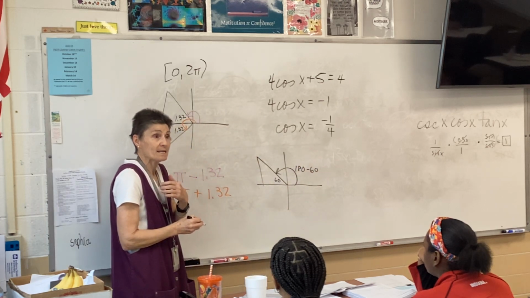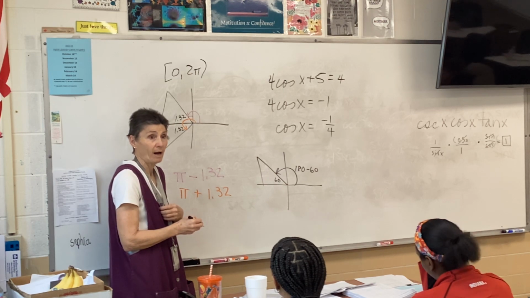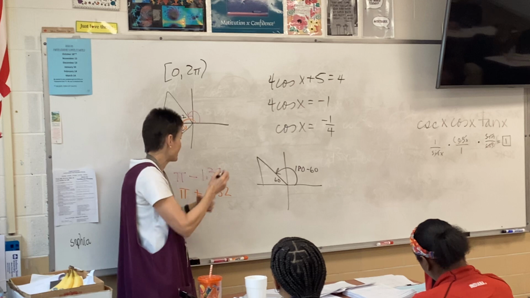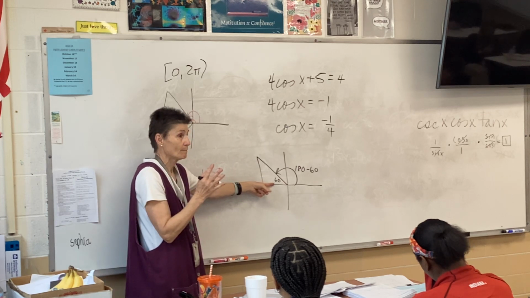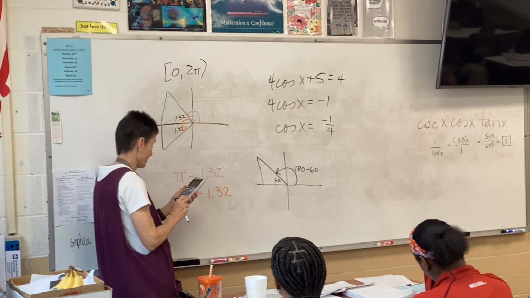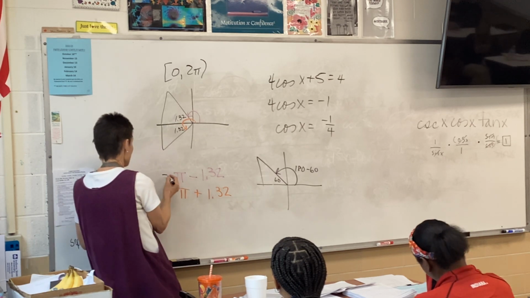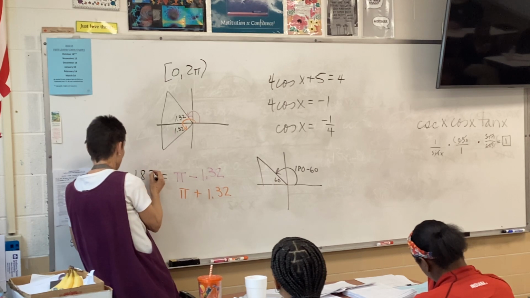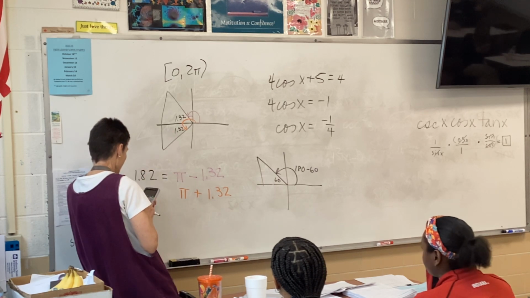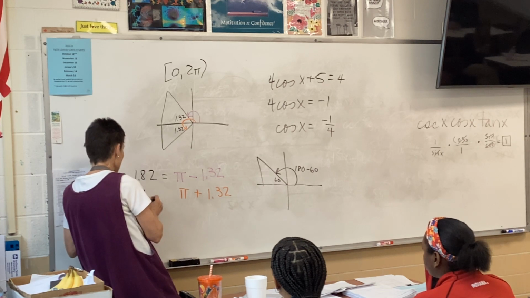I am in radians, so I can't use 180, I have to use pi. So it's pi minus whatever that is. So, let's get the answers figured out here. The actual answers will be 1.82 and 4.46.